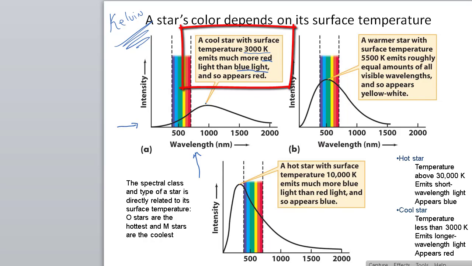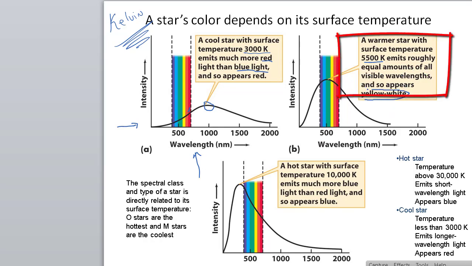So it's going to emit more red light than blue light. Here's your red. So it's going to emit more red, because it is not emitting a lot of energy at the blue wavelengths. Now, if I go up to around 5,500 Kelvin, it emits equal amounts of visible wavelengths, so it's kind of a yellow and white light, right about here.